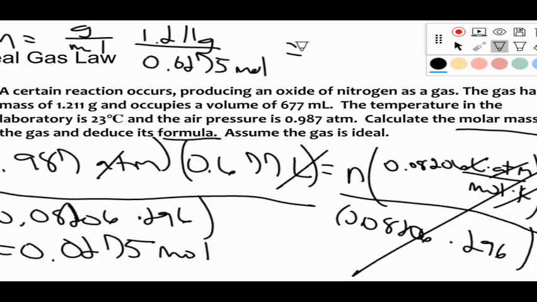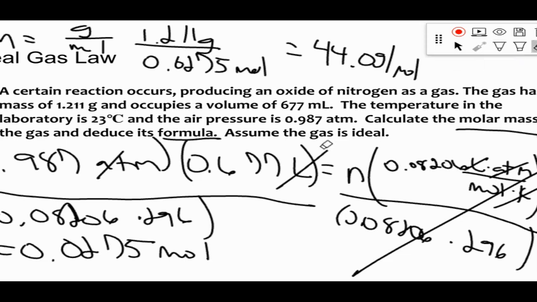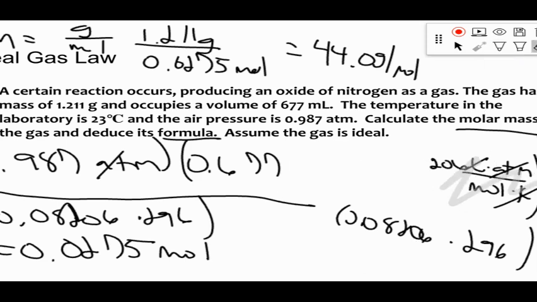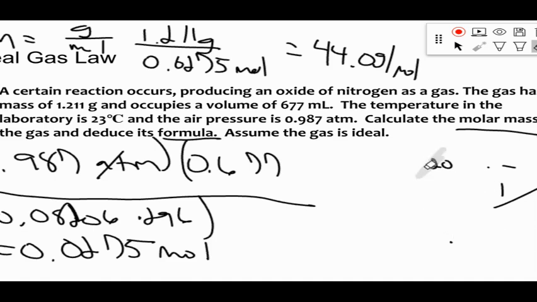So I'm going to work that out to figure out my molar mass. It comes out to 44, and I need 3 sig figs, so it comes out to 44.0 grams per mole. Okay, that is the molar mass. So then let me erase this down here so I can try to get the next part done.